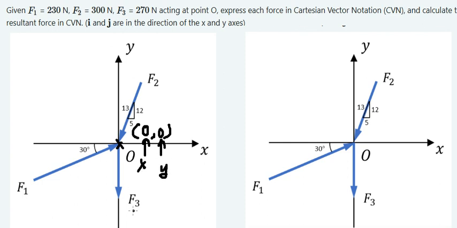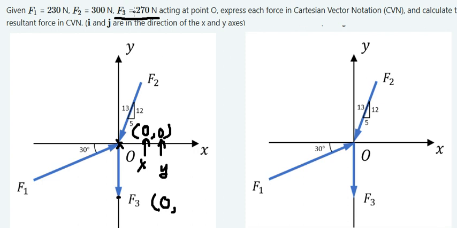Now, about F3, we can see that this is about 270 Newton. So that means in this one, we can see that they go from 0, 0 to this point here along the y-axis. So in this one, we have number 0, but they go down in here with the negative.